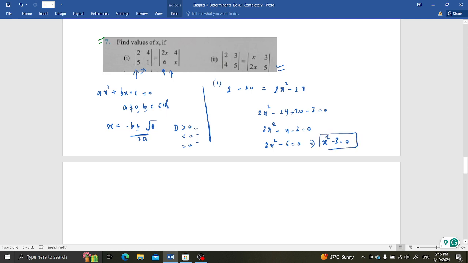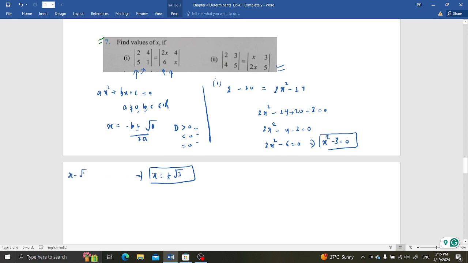By the fundamental theorem of algebra, if we have any n degree polynomial equation, then it has exactly n roots, maybe real, maybe complex. But here we can observe that the values of x are plus minus root 3. Now how can we get this? I will explain each and every step.